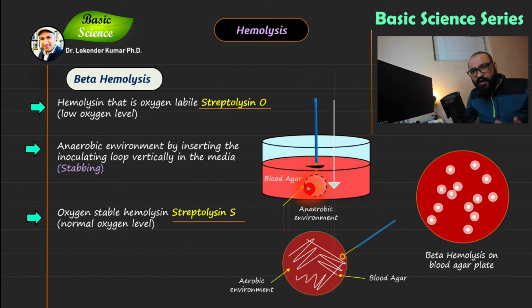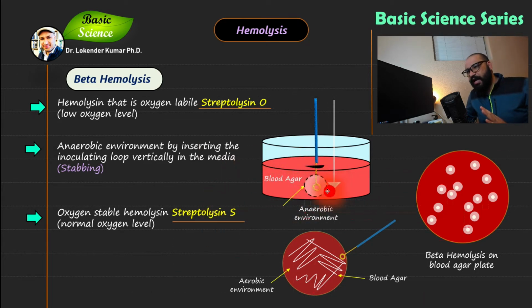If you have hemolysis, most likely the hemolysis will be due to the Streptolysin O. But if you have bacteria that is streaked on the surface of the blood agar, you will have the hemolysis because of the Streptolysin S. So in this presentation slide, what I'm trying to tell you is there are two types of toxins, Streptolysin O and Streptolysin S, and they both have different environmental conditions.